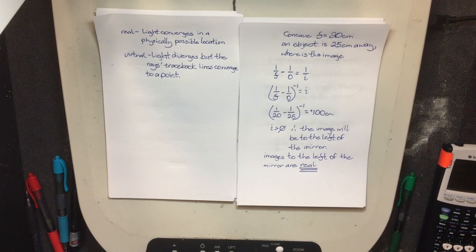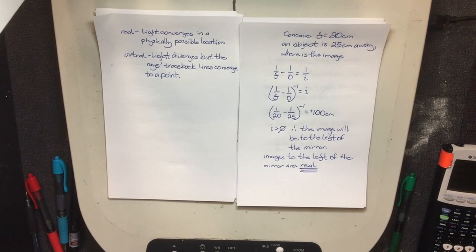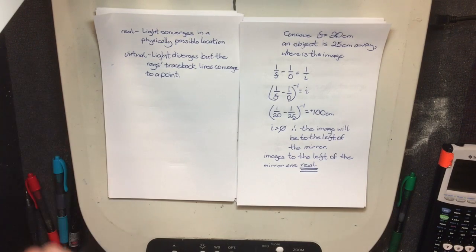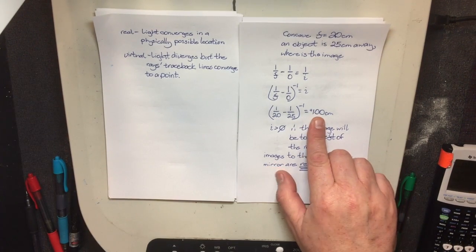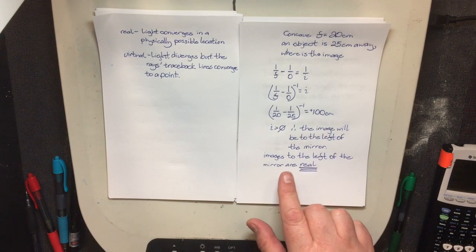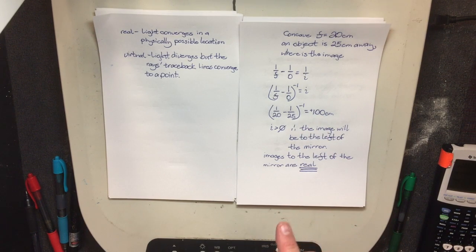In that packet, there are 4 permutations for mirrors and 4 permutations for lenses, and I go through them all, so you can see them all there. There's a PDF, there are videos.